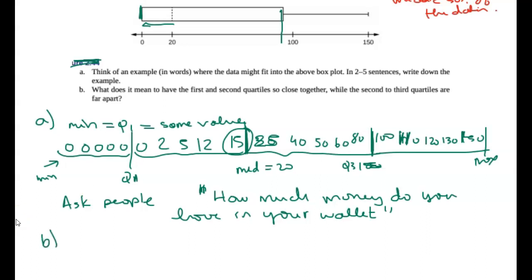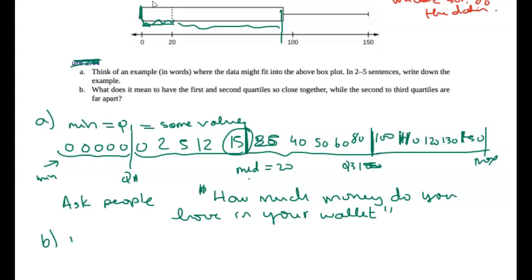All right, part B says, what does it mean to have the first and the second quartile so close together, while the second to third quartiles are far apart? Okay, so they both contain the same number of data points, but between the first and second quartile, the range of values is close together.